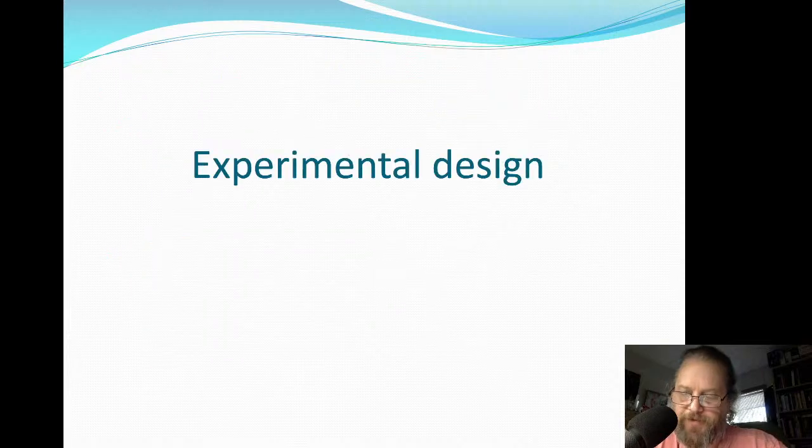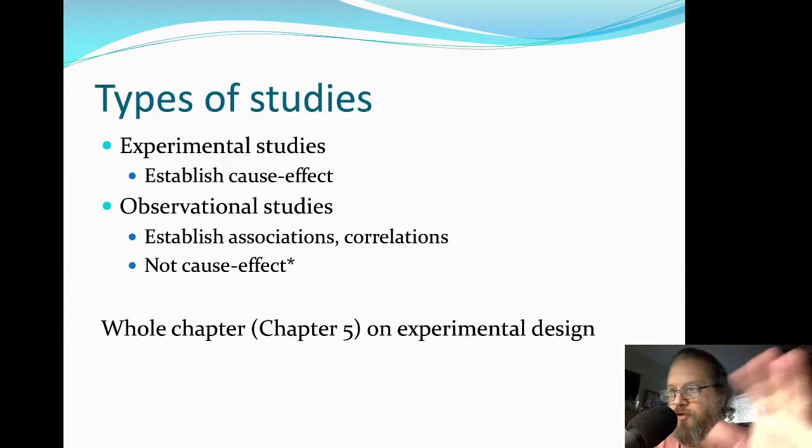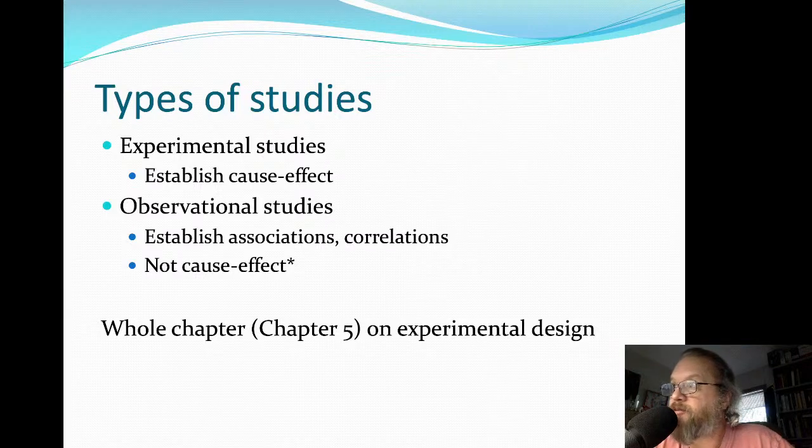Okay. Let's move on a little bit to experimental design. So there are two types of studies. There are observational studies and there are experimental studies. Experimental studies allow you to identify, well, you have an outcome that you're interested in, and you manipulate the situation in which that outcome comes about.